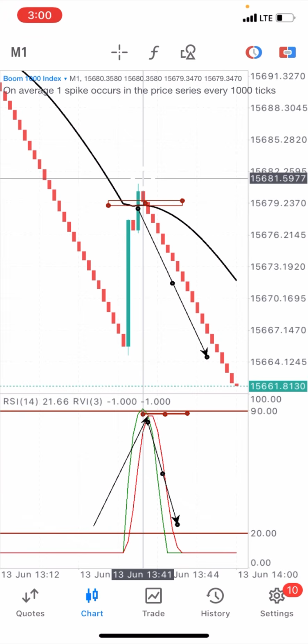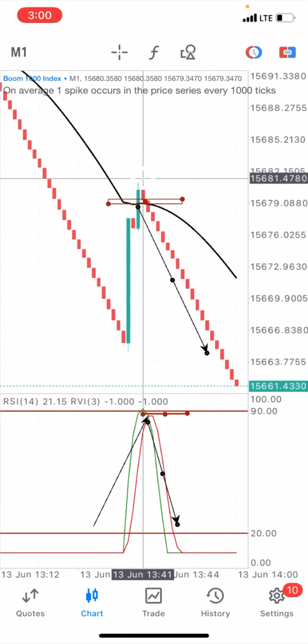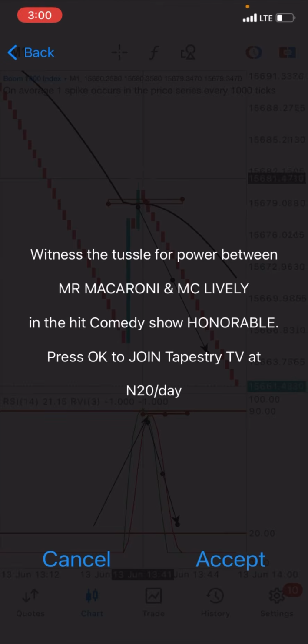There's always going to be a structure before you take an entry, right? Ensure to always look out for reversal structures, right? Reversal structure will always be your basis for making an entry, right? So you base every sell entry on a bearish reversal structure, all right?